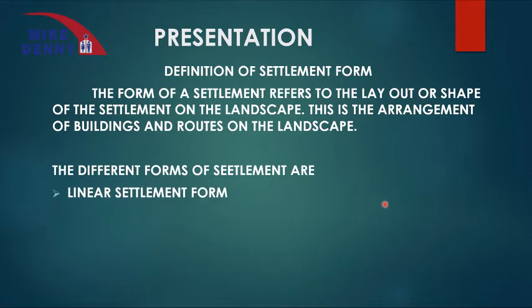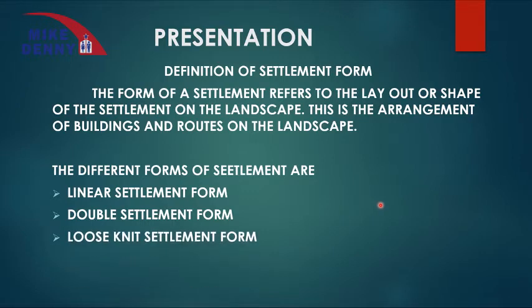The first settlement form is the linear form, followed by the double settlement form. We have the loose-knit settlement form, and finally the open space form.